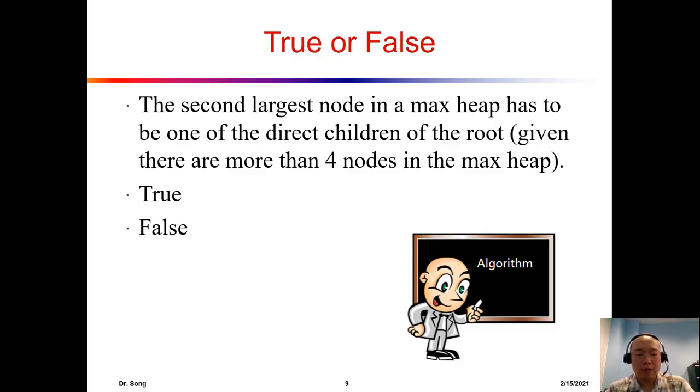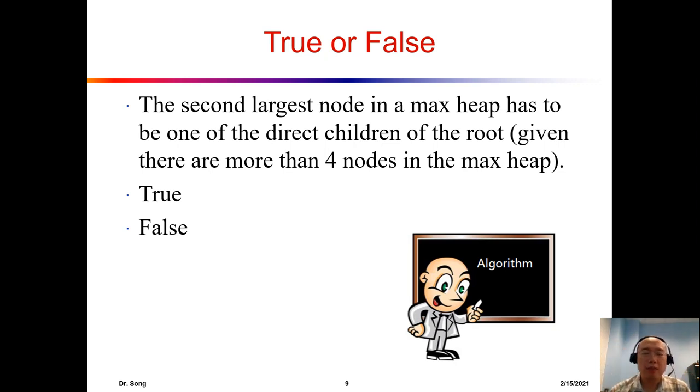Why? Because if we have a value, and this value is the second largest, so what does that mean? This means this value is only smaller than the root, right? So if it is not one of the direct children of the root, this means between this node and the root, there is one more value between them.